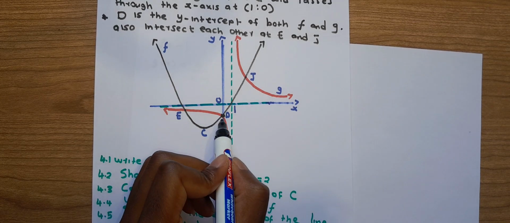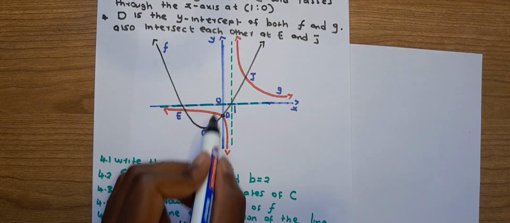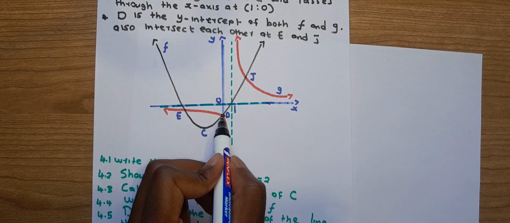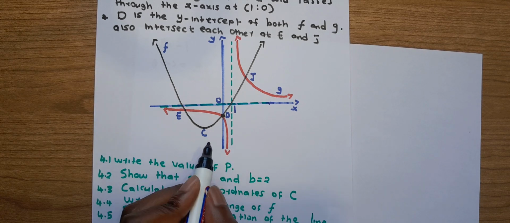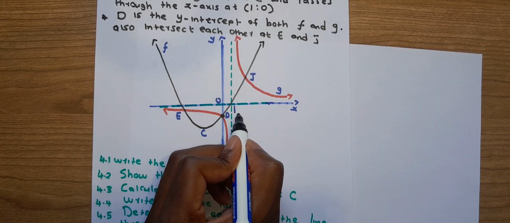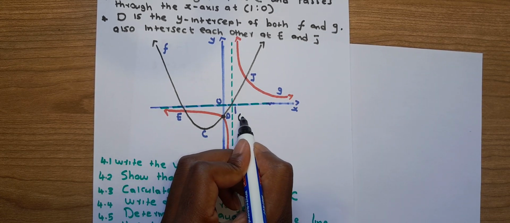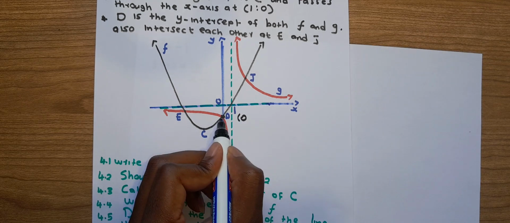So we actually see that the quadratic function and this red function all overlap at the point D, right? But what are the coordinates of D? We know that the x coordinate of D is 0 because, as you can see, it is 0.